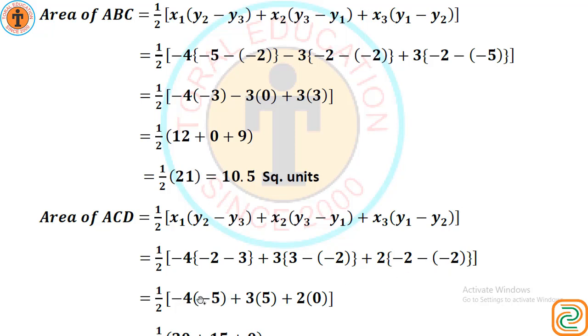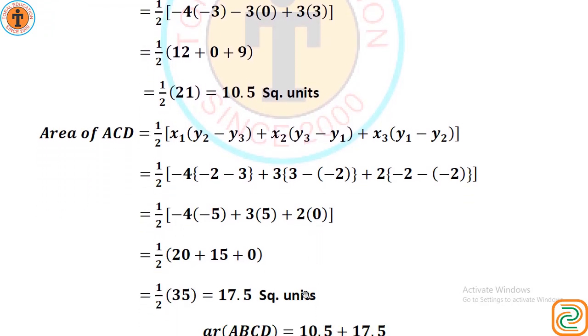So 4 into minus 5, minus 4 into minus 5, 3 into 5 and 2 into 0. So we have 20 plus 15 plus 0. 20 plus 15 is 35. Half into 35 is 17.5 square units.